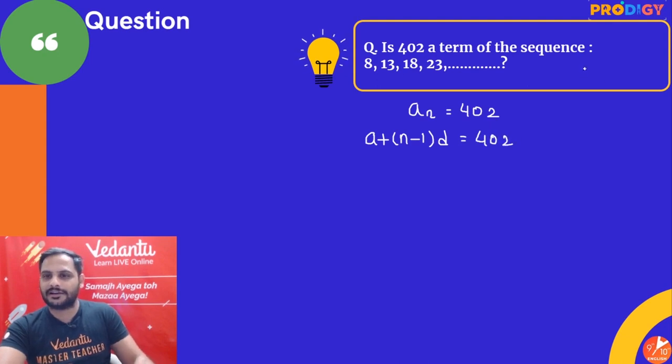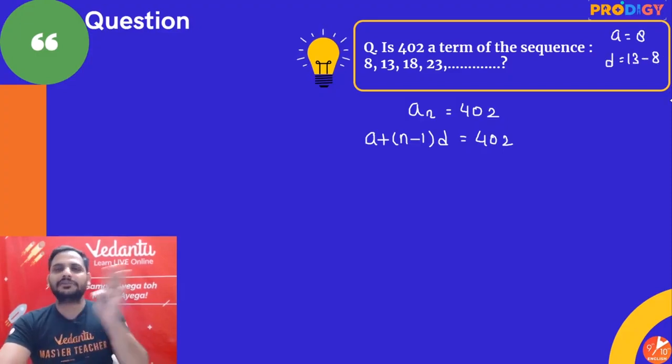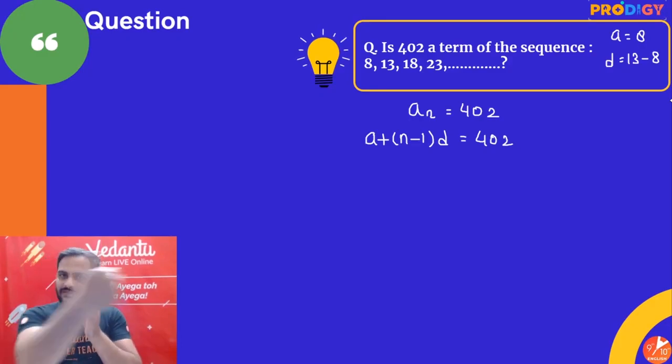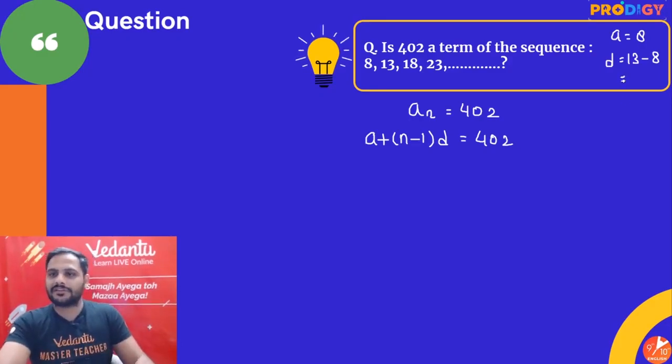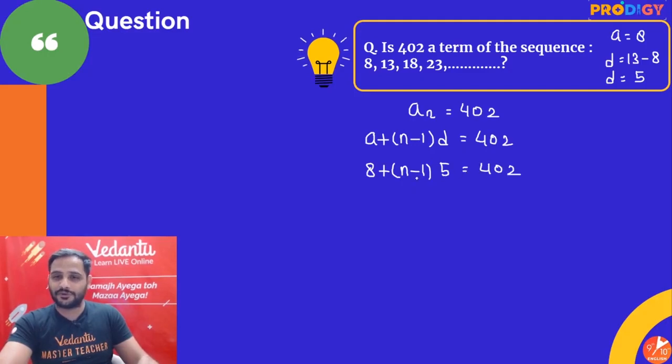Now here I can clearly say a is equal to 8, and d will be equal to second term minus first term, or third term minus second term, any term minus the previous term. So 13 minus 8 will be equal to 5, d is 5. So I can say 8 plus n minus 1 times 5 is equal to 402. Shift 8 over there, n minus 1 into 5 is equal to 402 minus 8, which is 394.